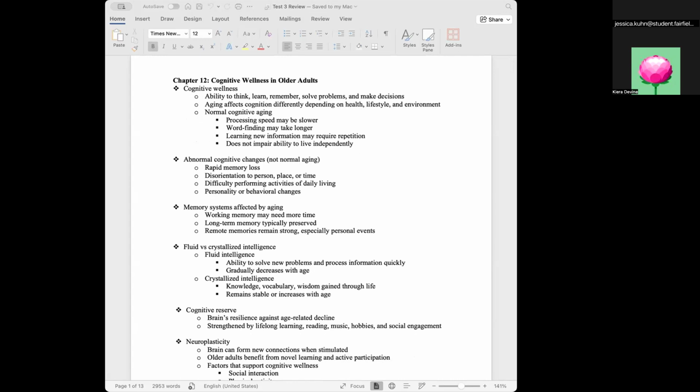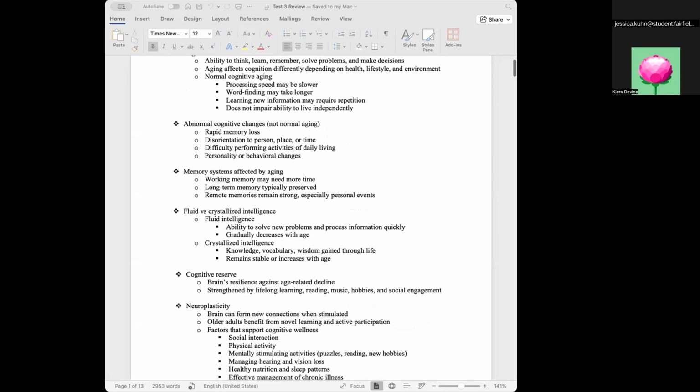Primary memory is short duration, small capacity, like a holding tank, whereas secondary memory is a lot longer. It's important for the retrieval of information and it's used for storage. There are a couple of related theories to memory, but she doesn't have those up, so I wouldn't go too crazy with those.